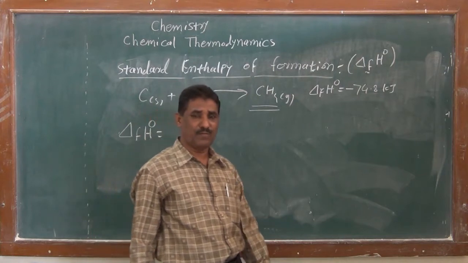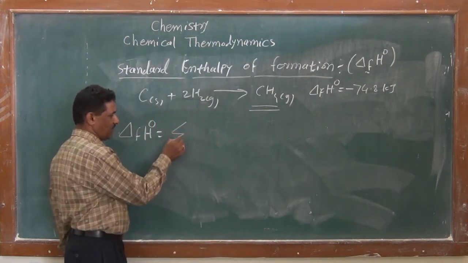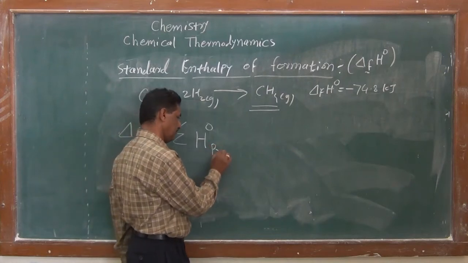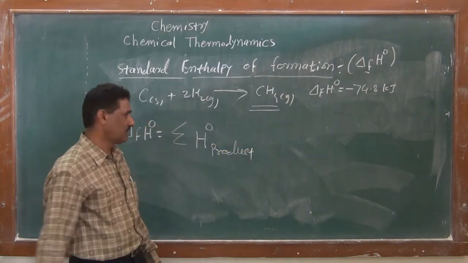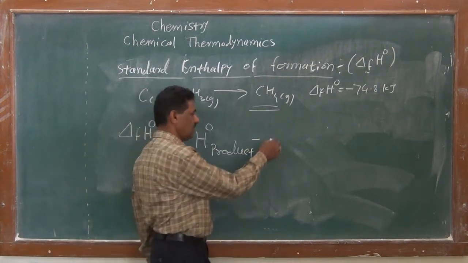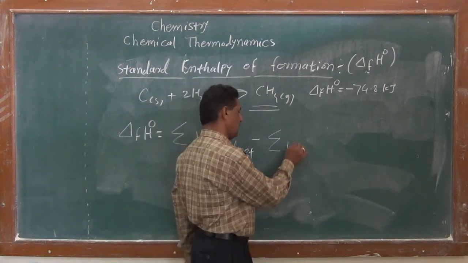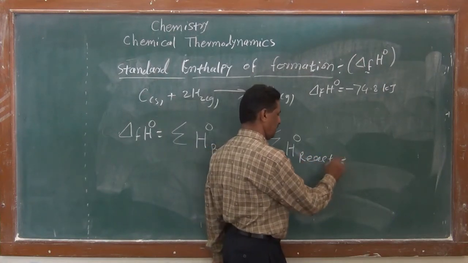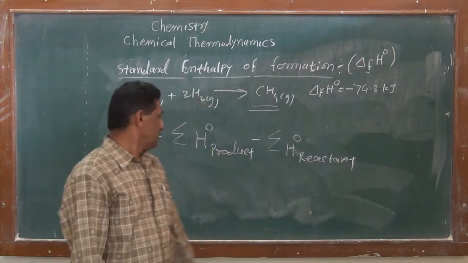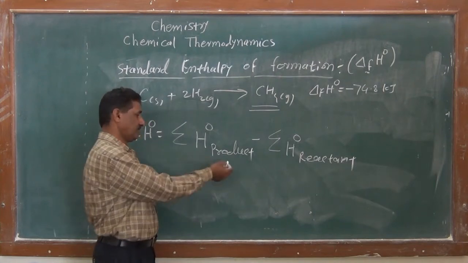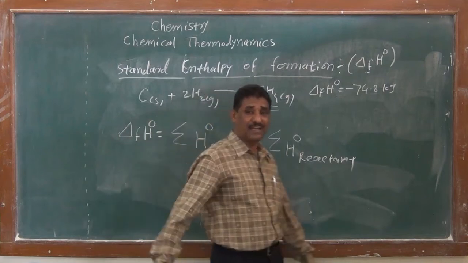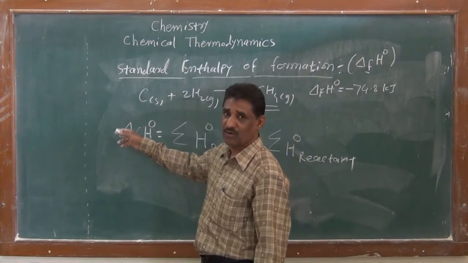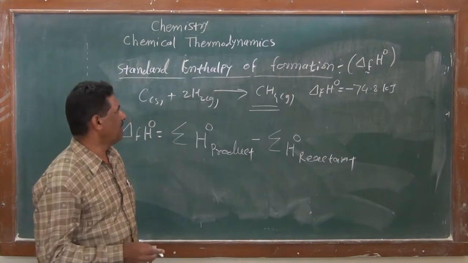The standard enthalpy of the reaction is equal to the summation of the standard enthalpies of the products minus the summation of the standard enthalpies of the reactants. The sum of enthalpies of products minus the sum of standard enthalpies of reactants, the difference between these, is the standard enthalpy of the reaction. This is a simple definition.